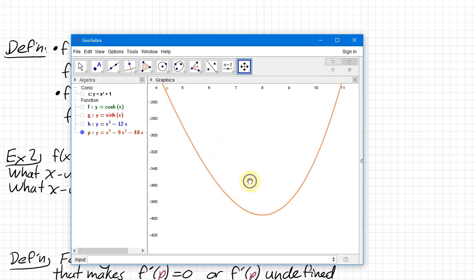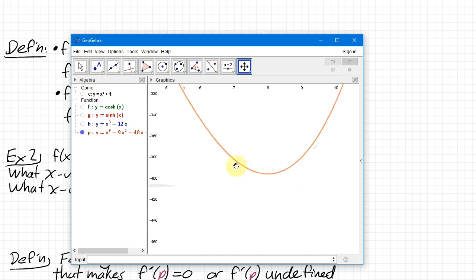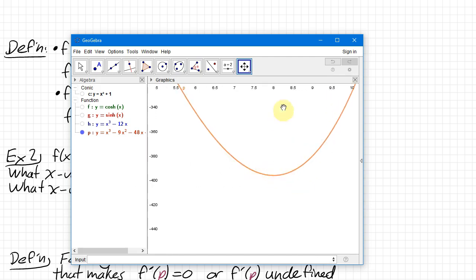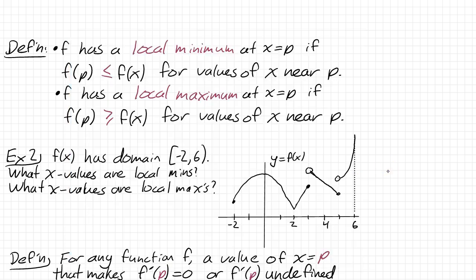And if we zoom in closer and closer here, you can see if you take any other values of x that are not 8, but are near 8, like 8.5 or 7.5 or anything like that, they all give you y coordinates that are slightly higher than f of 8. So that makes f of 8 a local minimum. Sometimes they'll say f of 8 is a local minimum, or sometimes they'll just say 8 is a local minimum of the function, but it means the same thing.